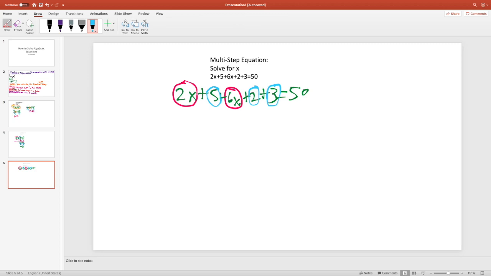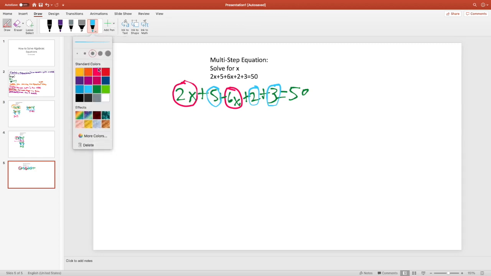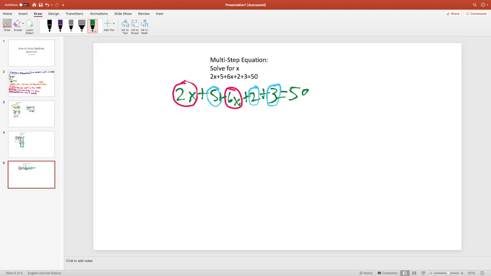It might look confusing, but it's not actually that hard. First, we're going to combine these coefficients. We look at the 2x, and then we look at the 6x. There's a plus right here, so we're going to add. So 2x plus 6x equals 8x.